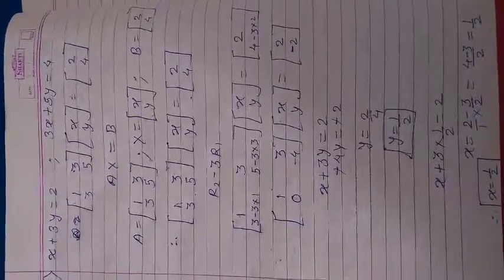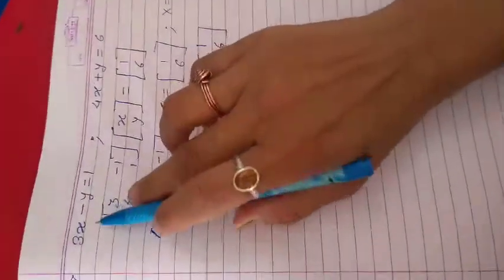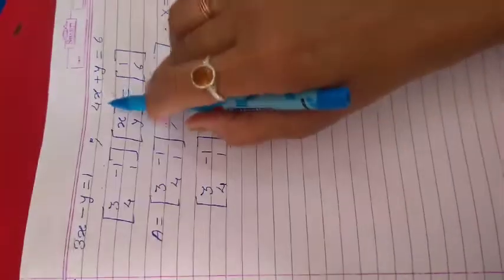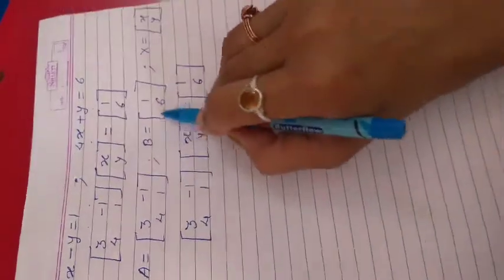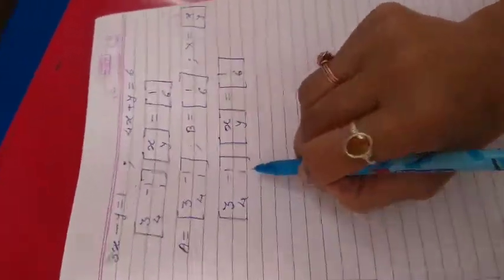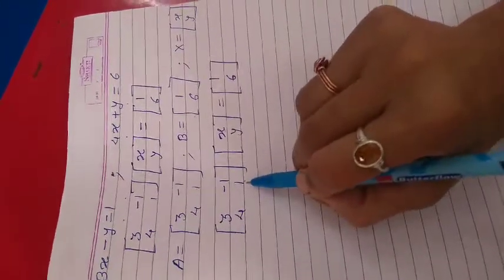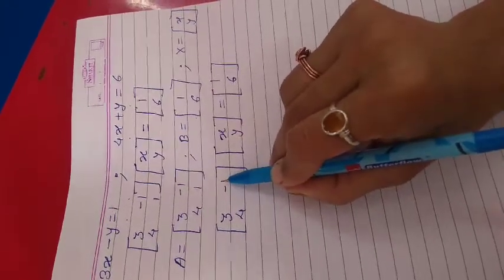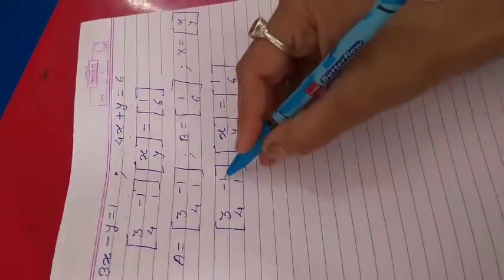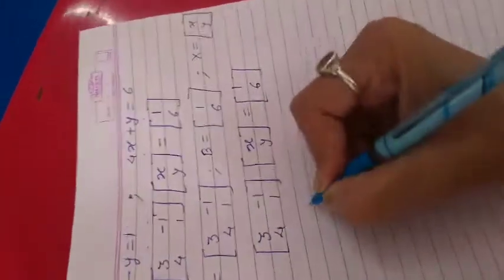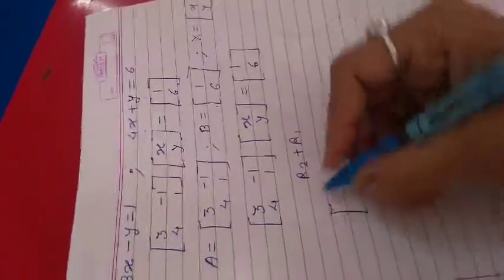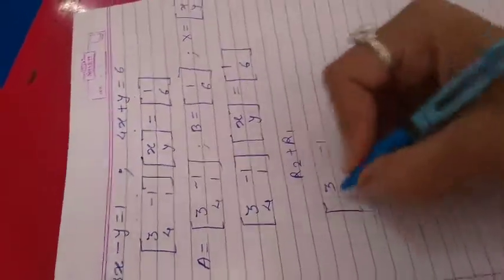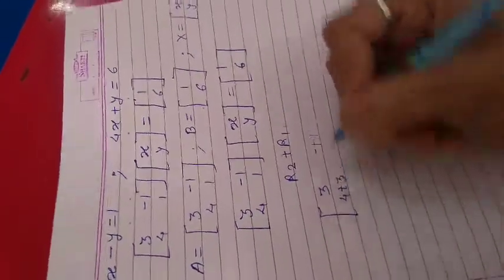Now we will see the third example. This is the third example: 3x minus y equal to 1, 4x plus y equal to 6. So in matrix form, A is equal to this, B and X. Now here we have minus 1 and 1, so add R1 to R2. So if we take R2 plus R1, R1 remains the same, and this is R2 plus R1.